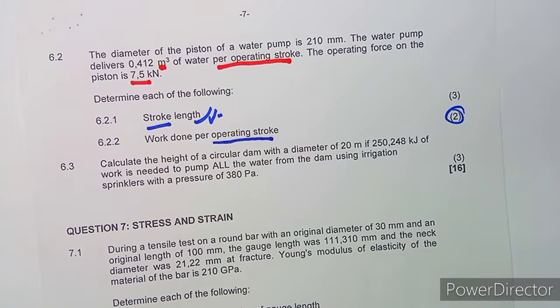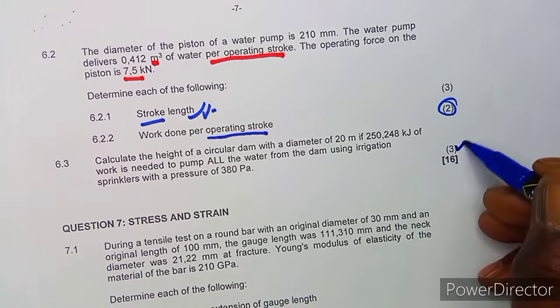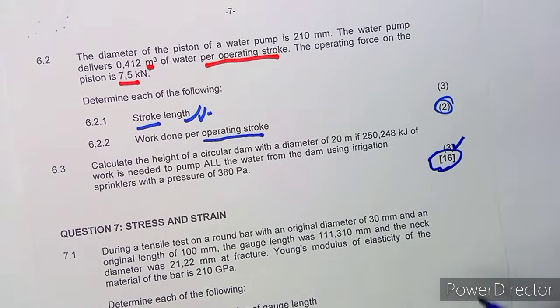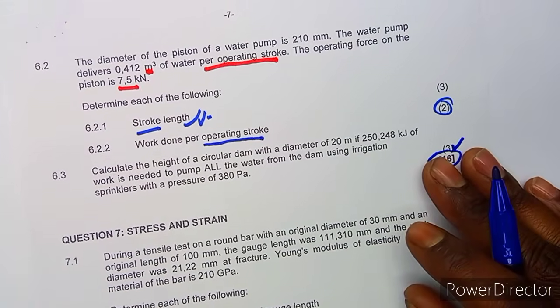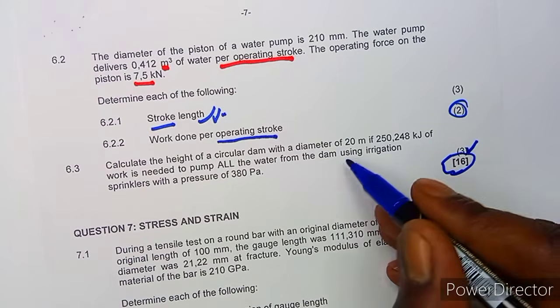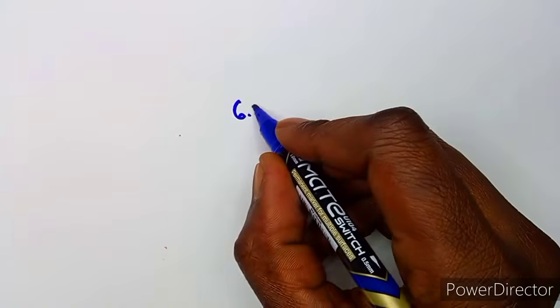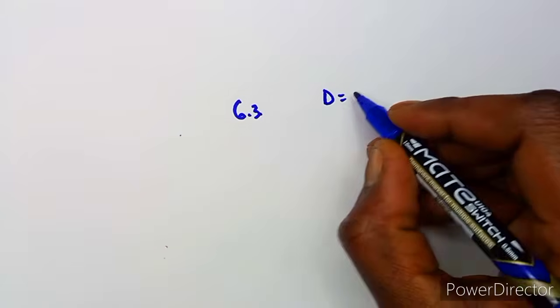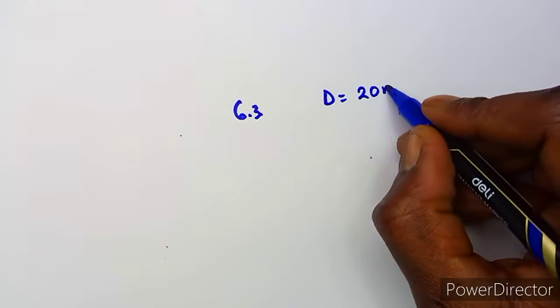We just got the last part, which is 3 marks, in order for us to have the total of 16, where we're asked to calculate the height of a circular dam. There is a circular dam that has got a diameter of 20 meters.